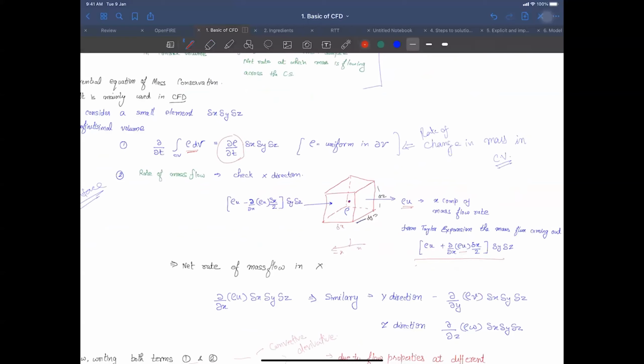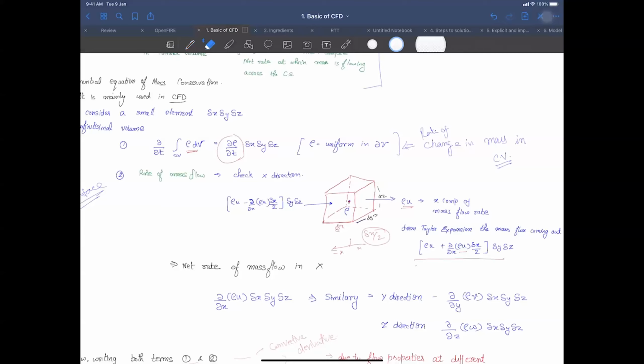For example, this is delta x, so from here to here is delta x by 2. Using the Taylor expansion, rho u plus d over dx of rho u times delta x by 2, and we can neglect the higher order terms.